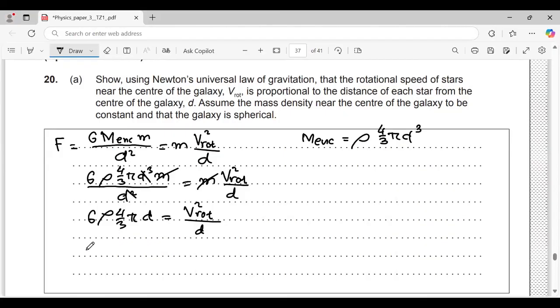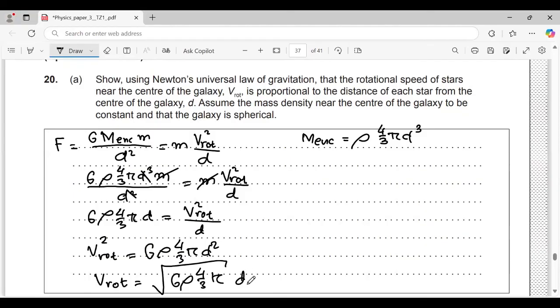After that, we can rearrange: the rotational speed squared equals G rho 4/3 pi d squared. So rotational speed becomes the square root of G rho 4/3 pi times d. That's one.